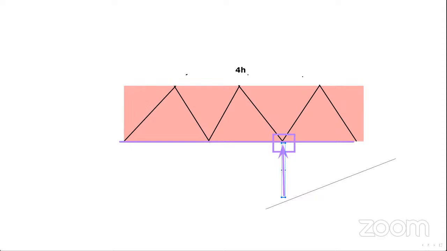So first of all, we have what we call support and resistance.